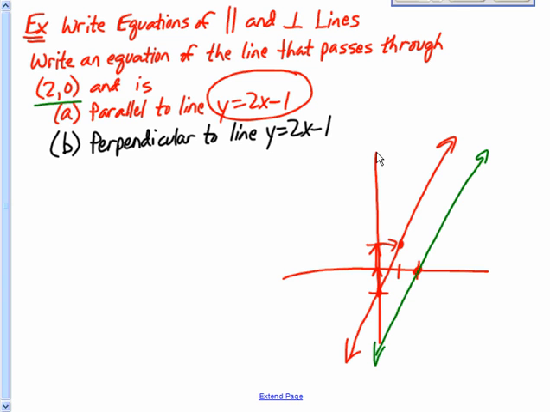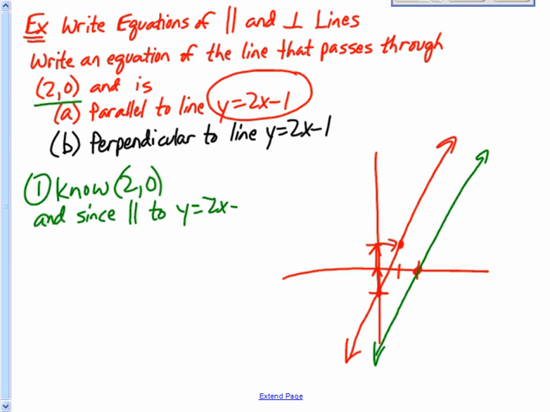Well, if two lines are parallel, they don't cross, so they must have the same slope. To write this equation, let me do this in green because I'm doing it for the green one. I have to go through (2, 0), and since it's parallel to y equals 2x minus 1, I'm going to steal that slope.